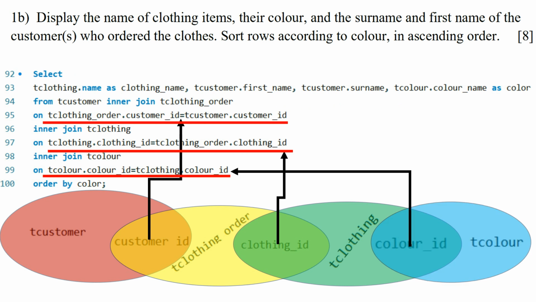They are enforced or made successful by the condition which we put when we say on, shown on line numbers 95, 97, and 99.